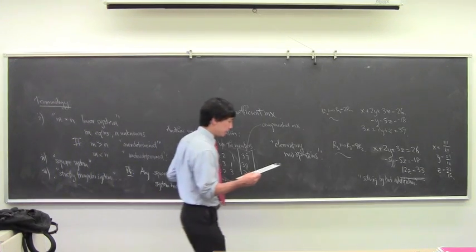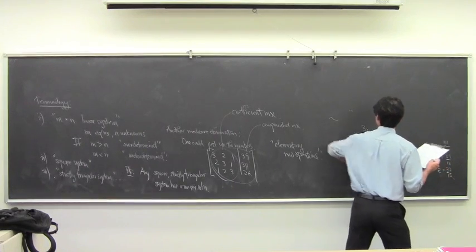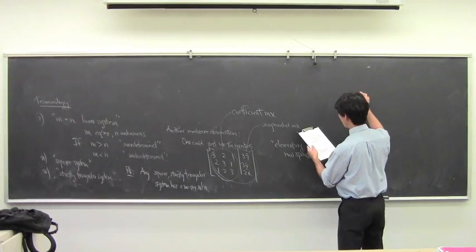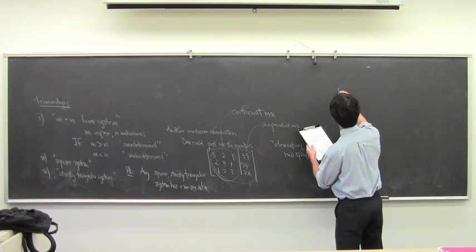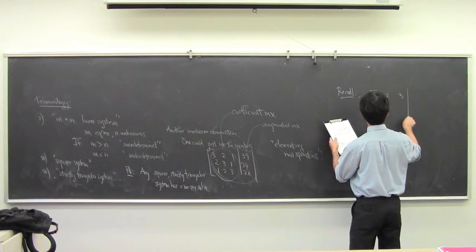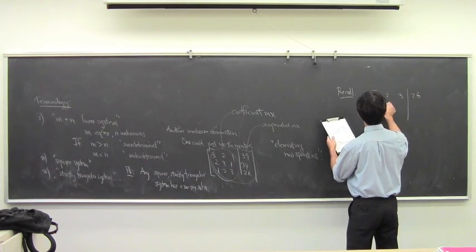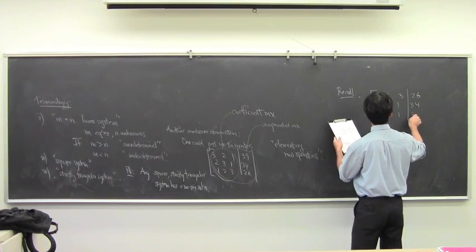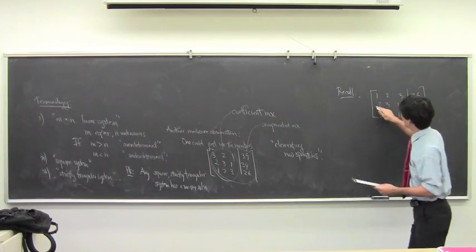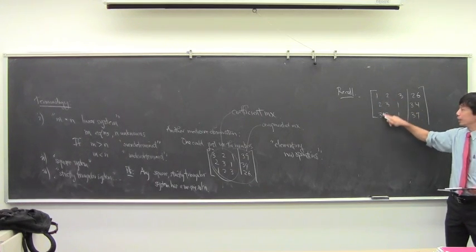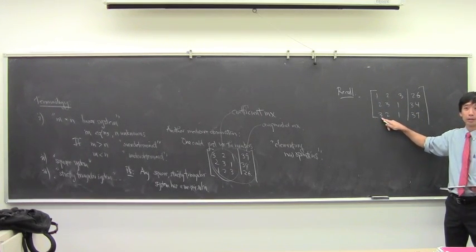You recall at one point we had something like this: 1, 2, 3, 26; 2, 3, 1, 34; 3, 2, 1, 39. And then we used this 1 to turn this 2 into a 0. We used the 1 to turn the 3 into a 0, right?